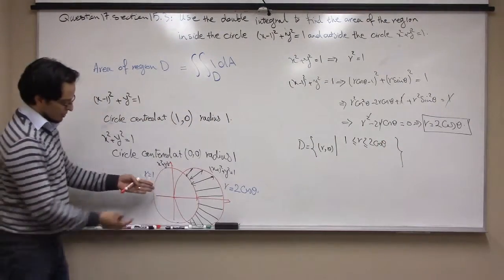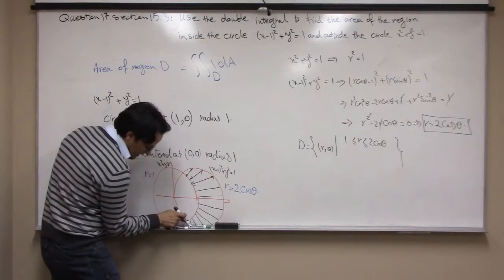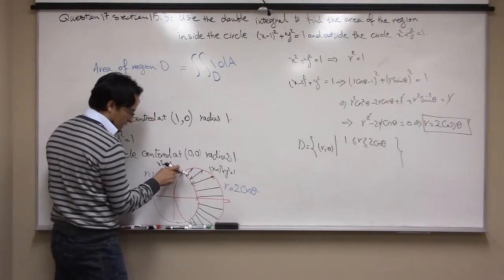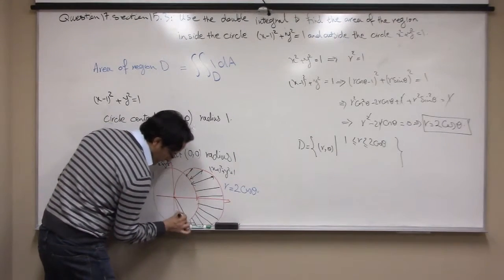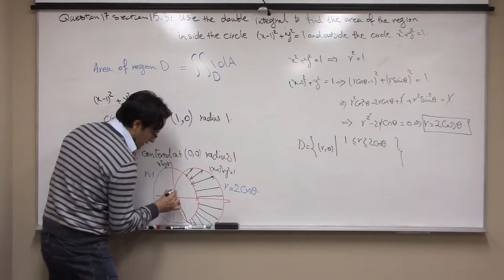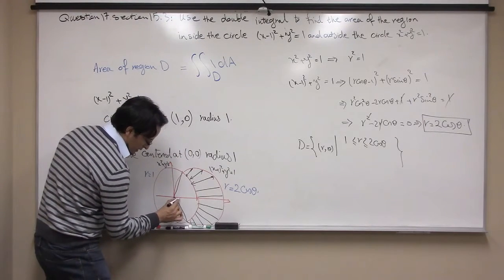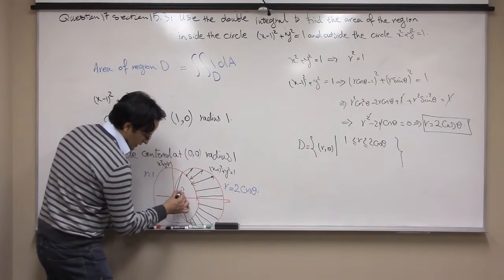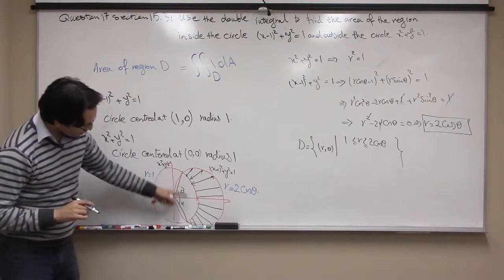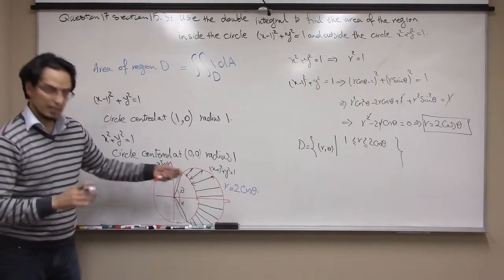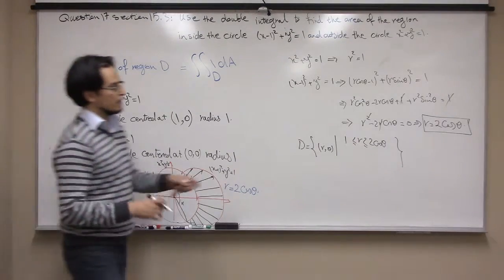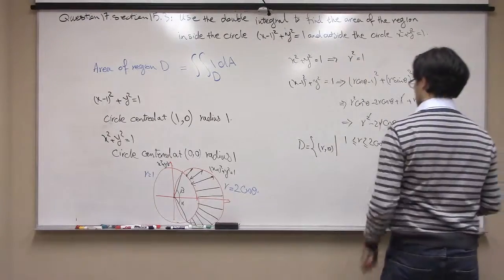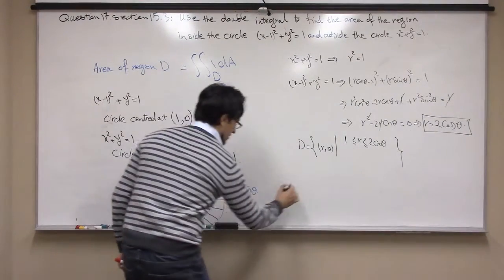What about theta? So you start from this point and just come up to that point. So this would be alpha, this would be beta for boundaries. But what are those things? So you have to intersect these two circles to find that. So these two circles are given by this, so intersection.